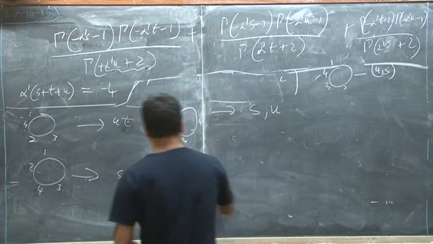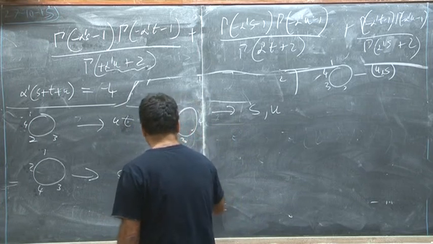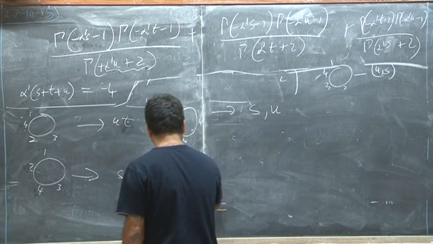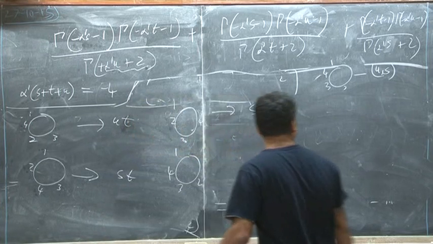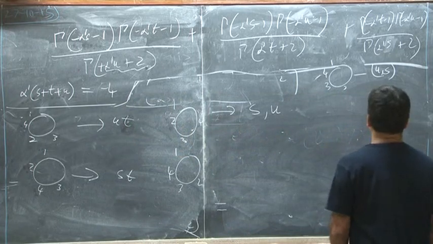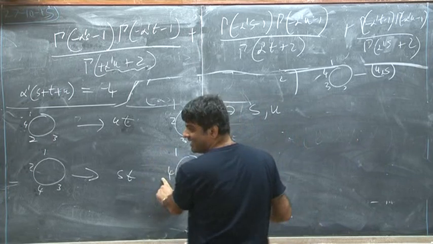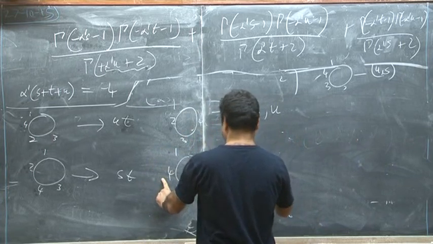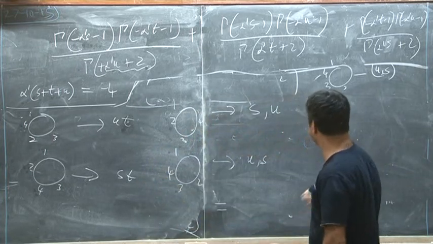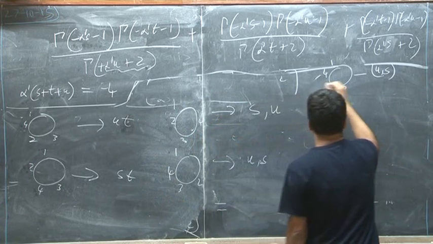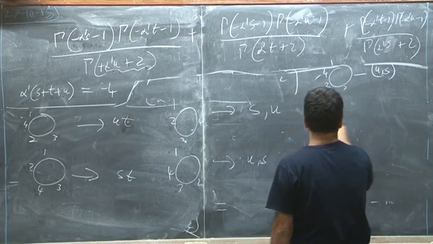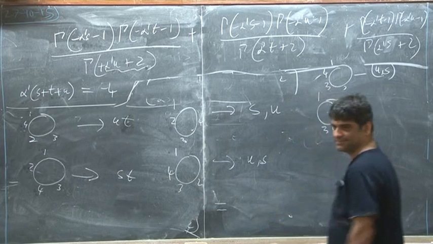Now I'll do 1, 3, 2. So if we had 1, 3, 2, and a 4 here, then, oh yes, good. So this is U, and this is S. Then we have 1, 3, 2, and a 4 here.